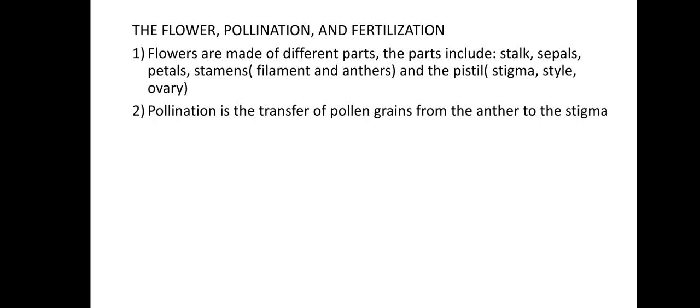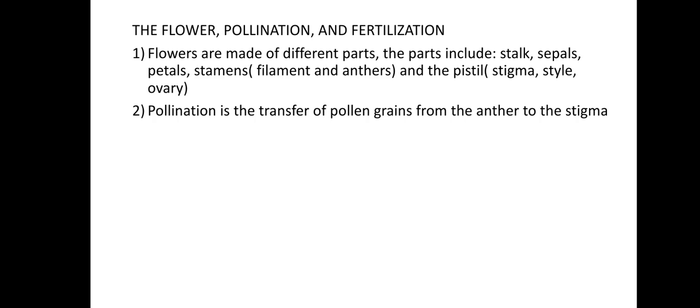But if they are transferred from one anther to the stigma on the same flower, then that is self-pollination. Are we clear? So cross from the anther to the stigma on a different flower, then self from the anther to the stigma on the same flower. That is self-pollination. Are we clear?